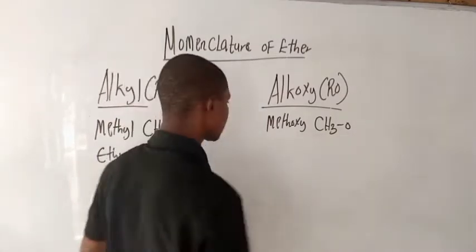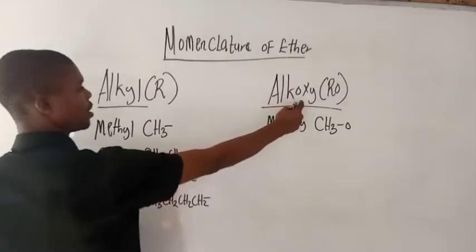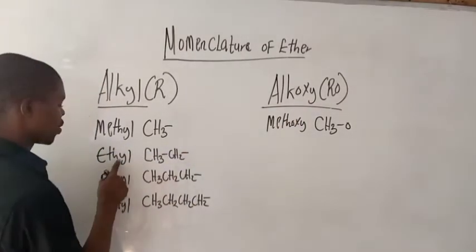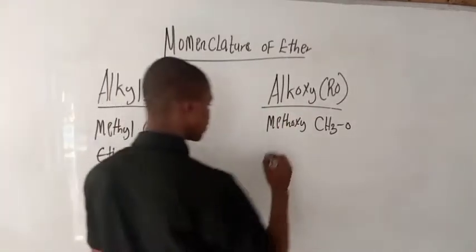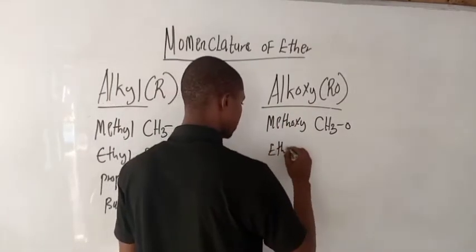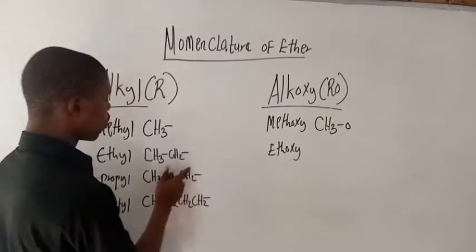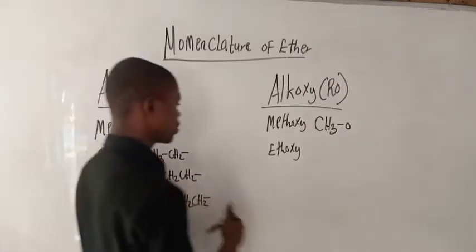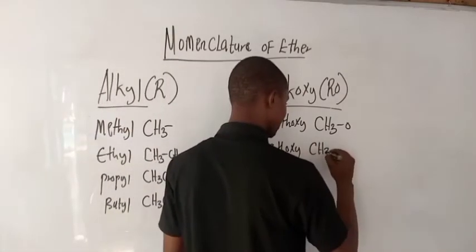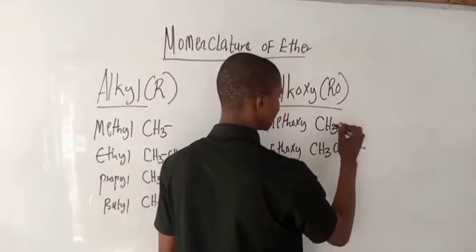Can you see that? Next is the ethyl. If you want to name the alkoxy group, the YL now changes to OXY, so you're going to go to ethoxy. You get? For the formula, you just have to add oxygen to it, so you have CH3CH2O.